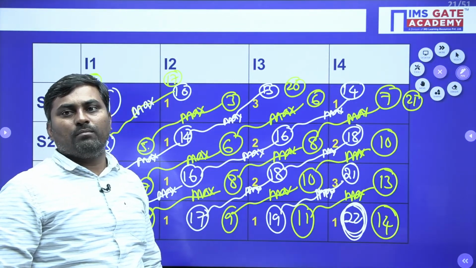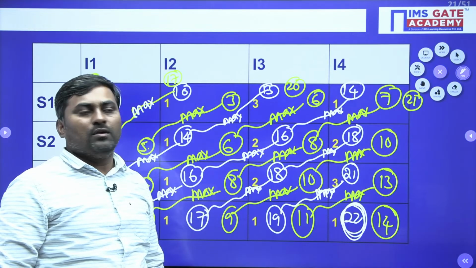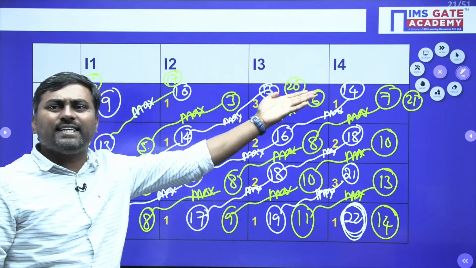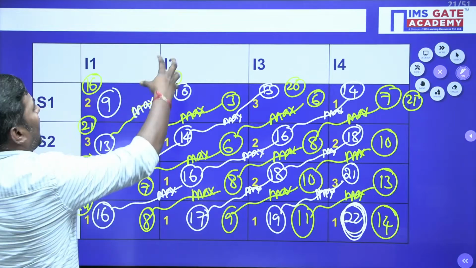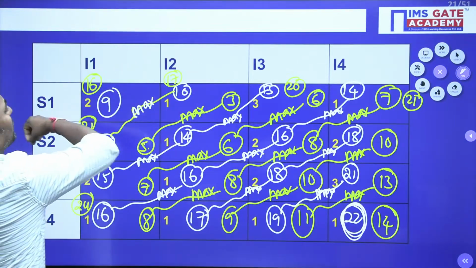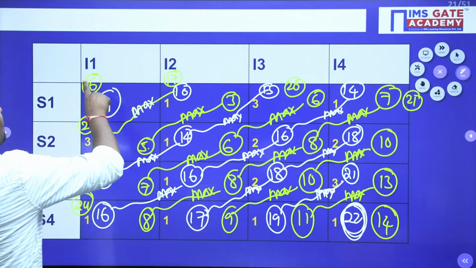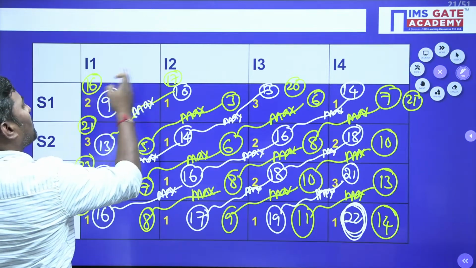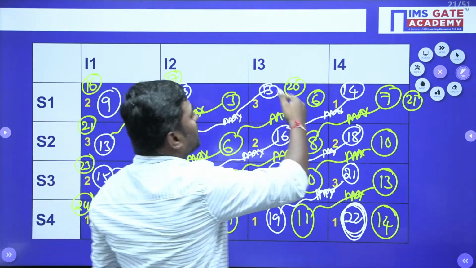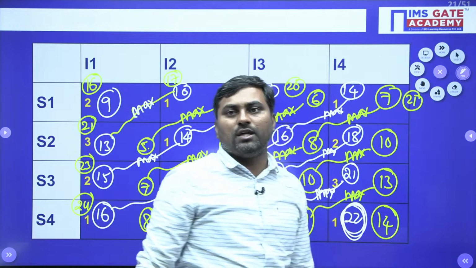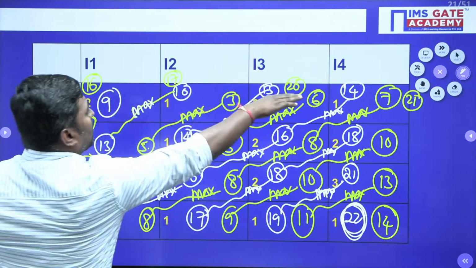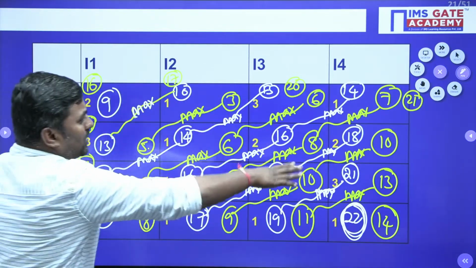Yes or no? Row is clear? Row is easy, simple. For I2, I want to give S1 after I1's work only. That's 16 plus 1, 17. 17 plus 3, 20. 20 plus 1, 21. This is done. So you know the row, you know the column, and the maximum only you can take.